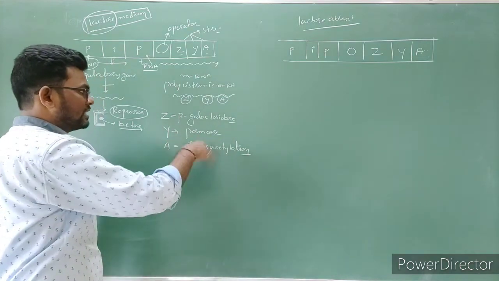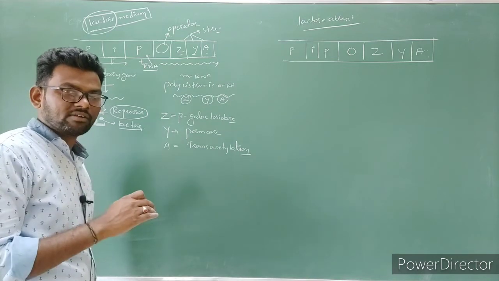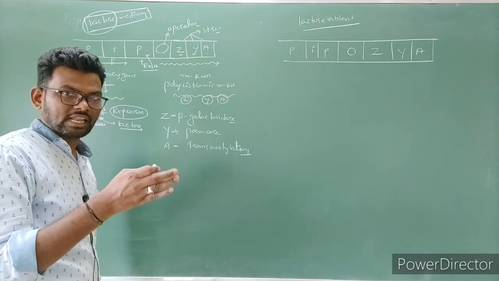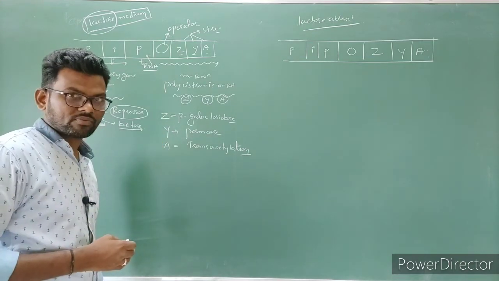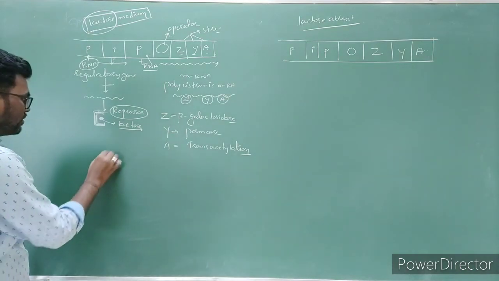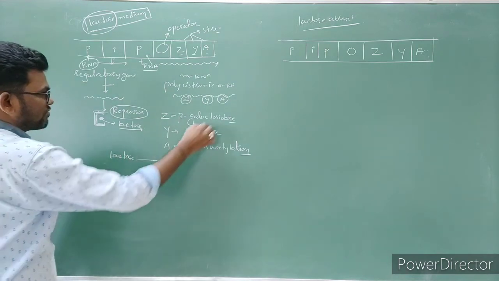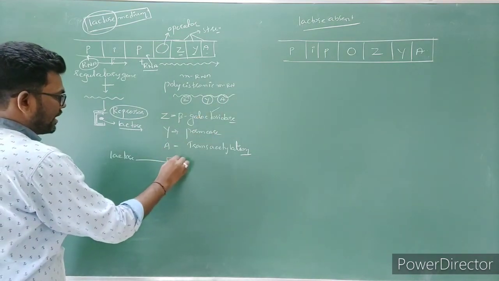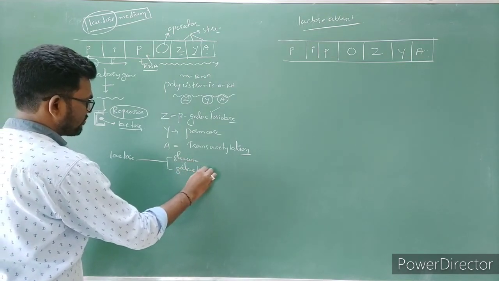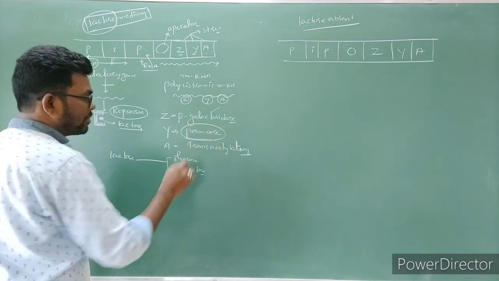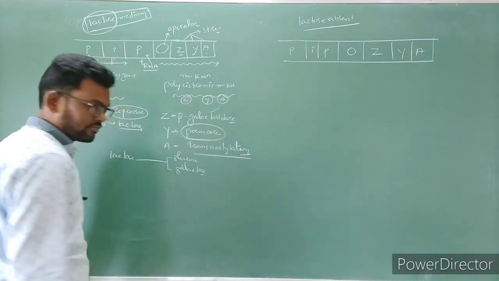Now in the presence of these three enzymes, lactose is utilized and hydrolyzed and converted into monomers, galactose as well as glucose. Later, glucose is used as an energy source, right? Lactose, in the presence of beta-galactosidase, is converted into glucose and galactose, and permease is useful for the permeability of lactose from the outside to the inside, and the third is for transacetylation, right?